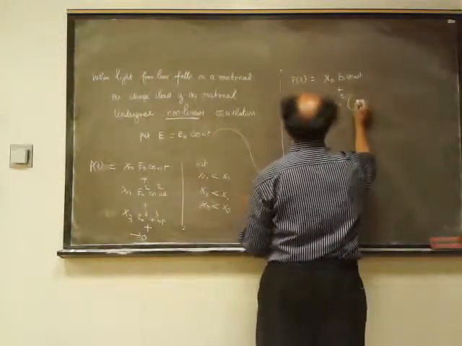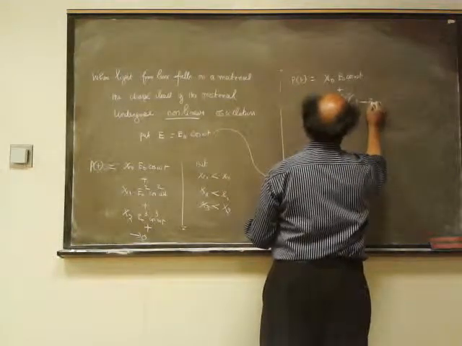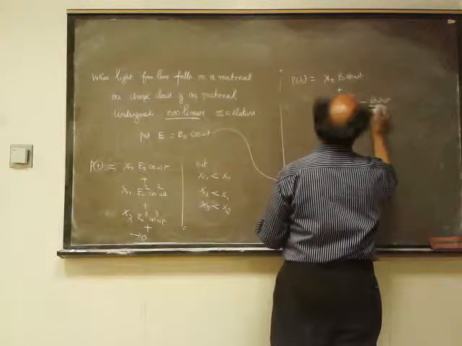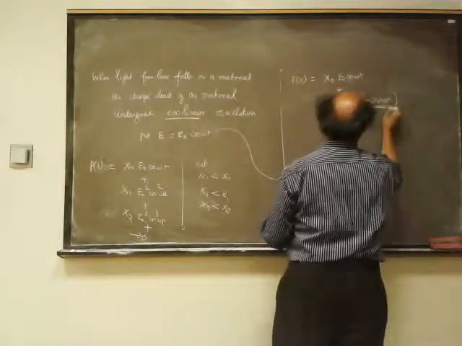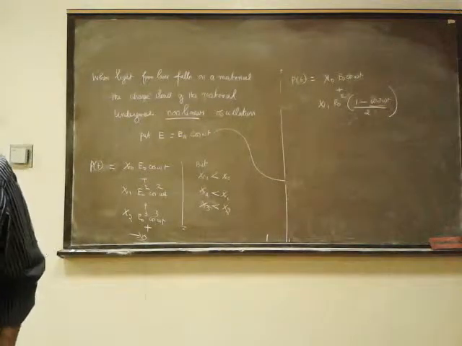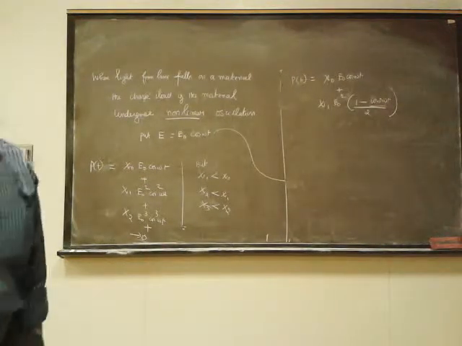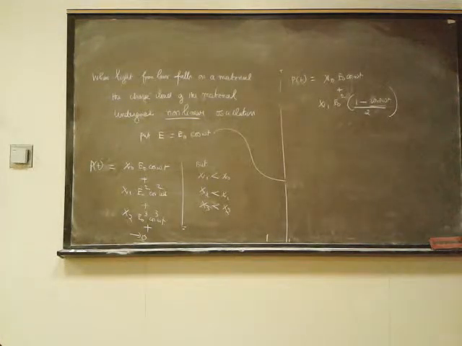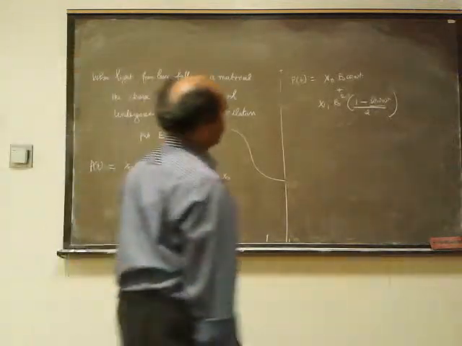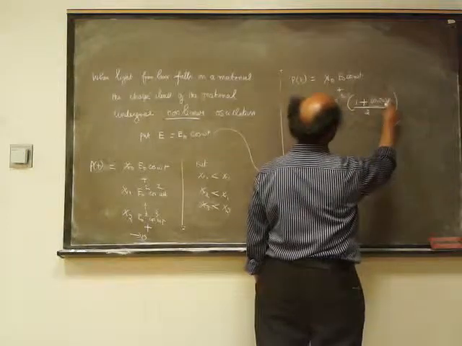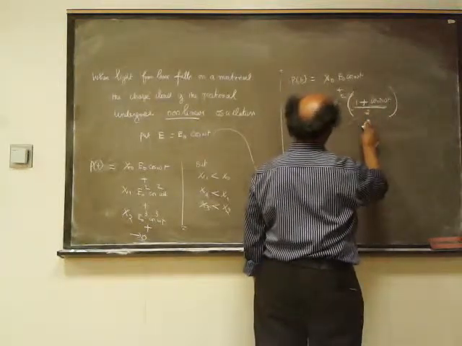Cos square omega t I can take as 1 plus cos 2 omega t over 2. Am I right? Yes.